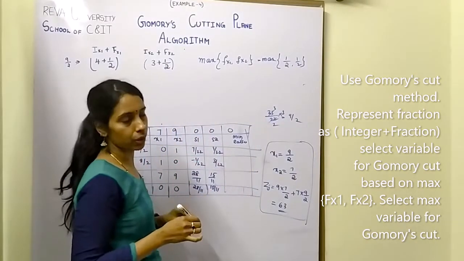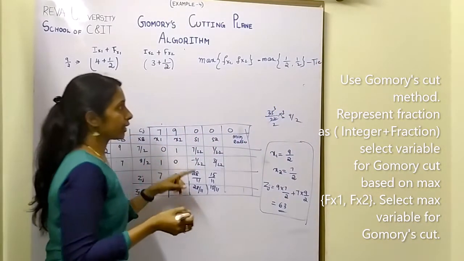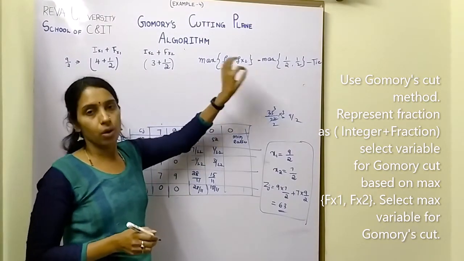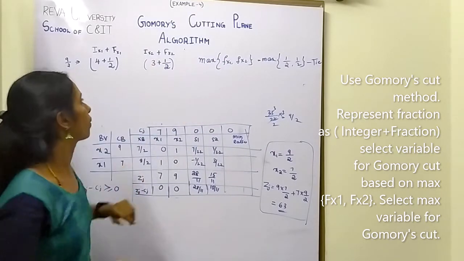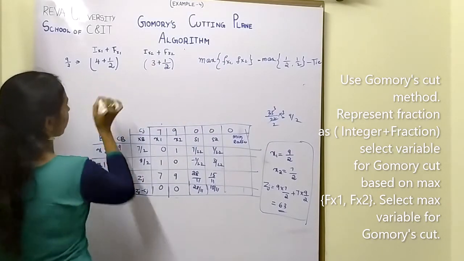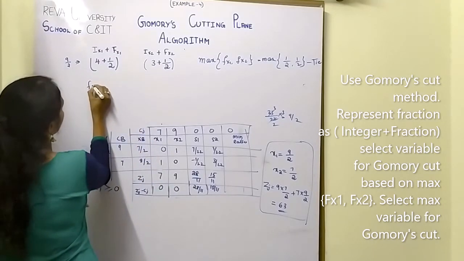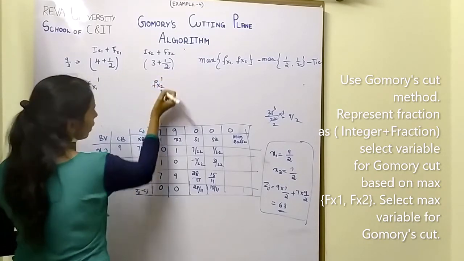Both are equal, so there is a tie here. In this case, either you can select x1 or x2, or else to reduce the complexity you can use one more formula wherein you have to find f of x1 dash, f of x2 dash.